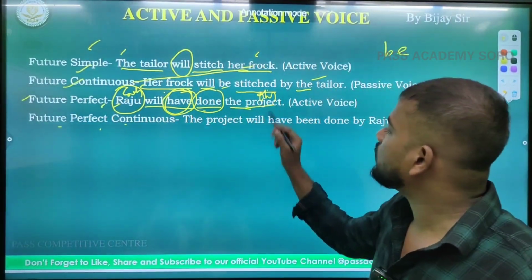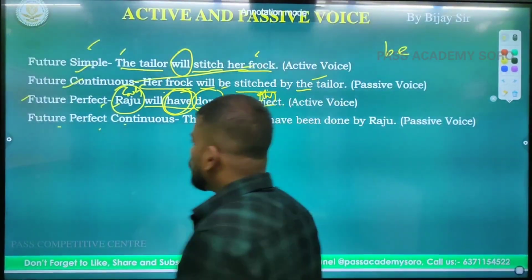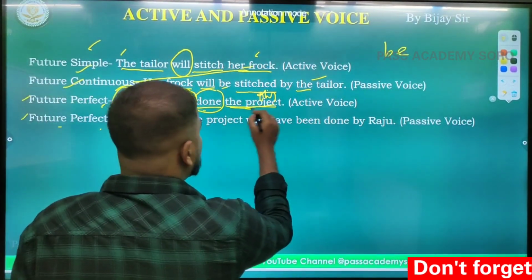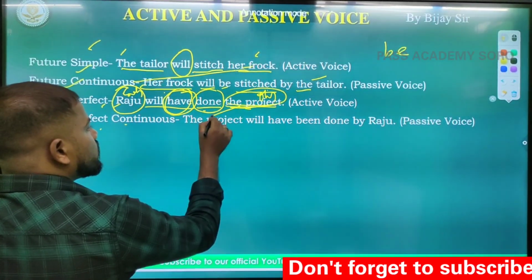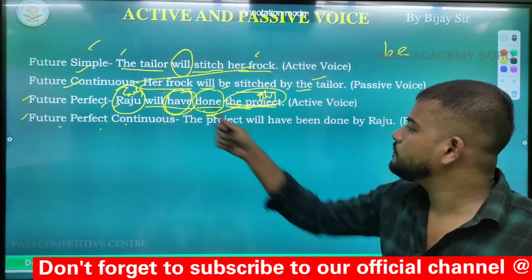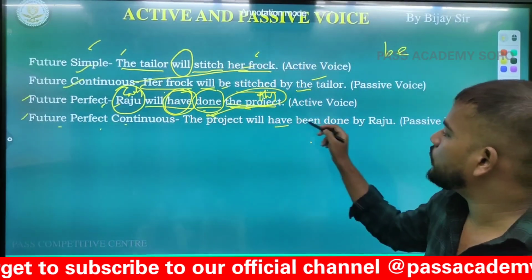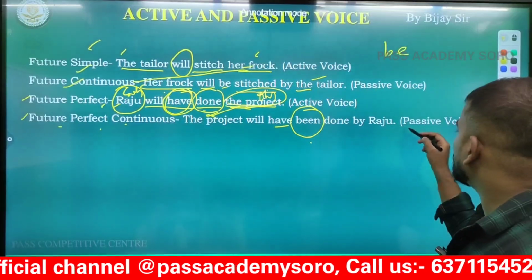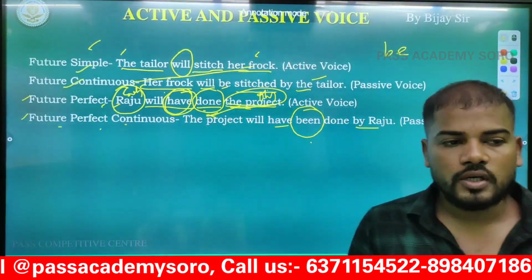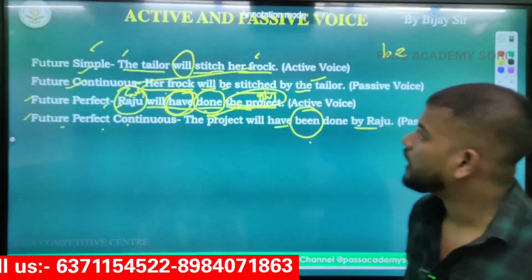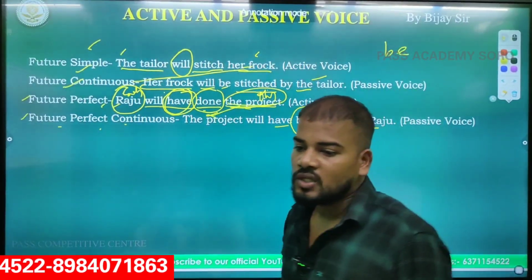So Raju will have done the project. We will convert it into future perfect continuous, and the project is the object. We will convert it into passive voice: the project will have, and we simply add been, will have been done by Raju.